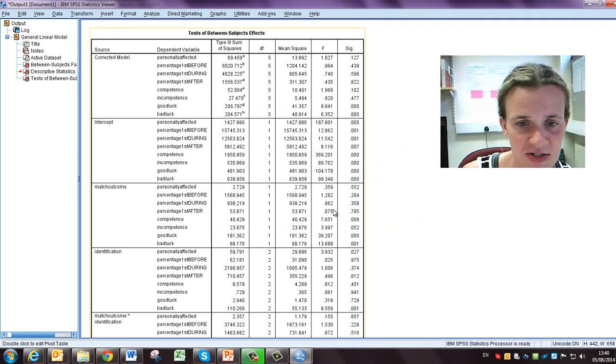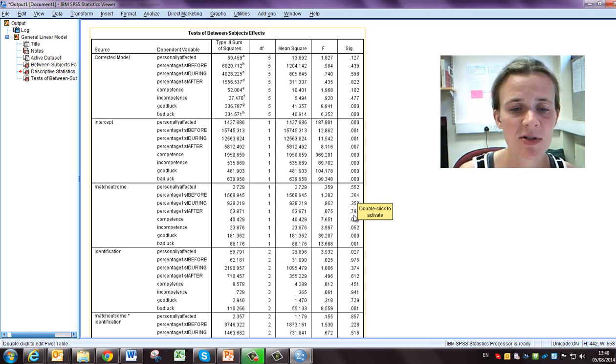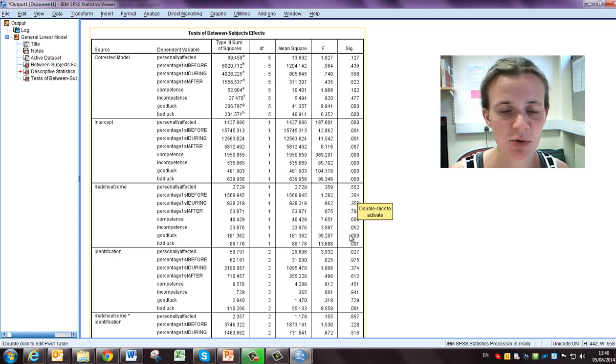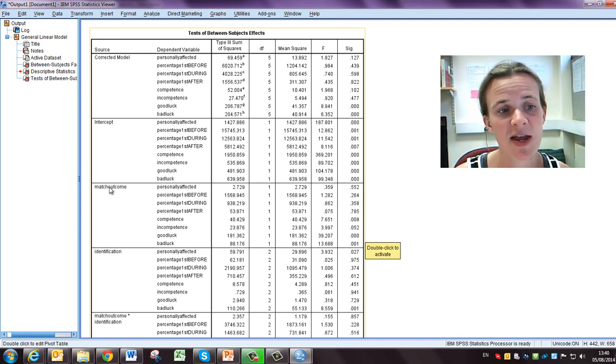Now here what we can see, these F's are all quite small, so let's do the p-value. P-value has to be below 0.05 to be significant, but you know that. So that one is just on the cusp, that one is significant. There's a significant effect of match outcome on competence.